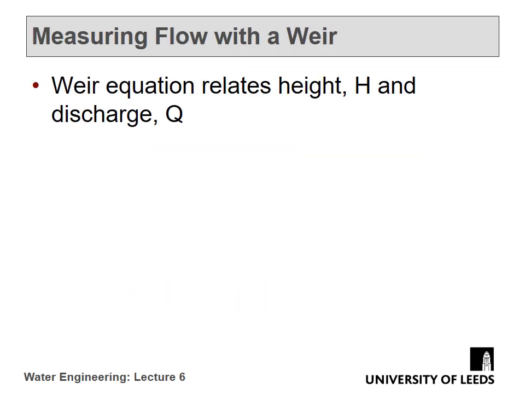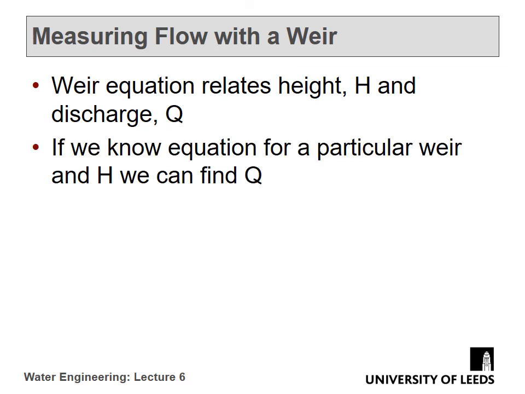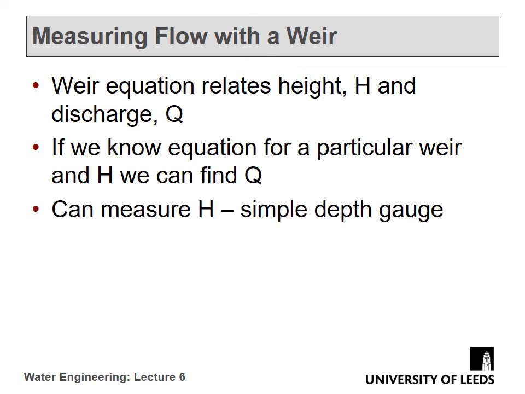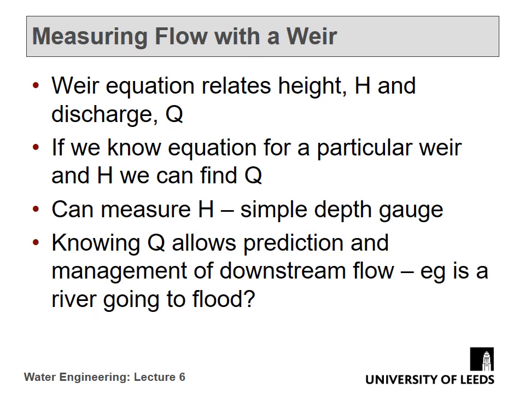Measuring flow with a weir. The weir equation relates the head above the crest of the weir and the discharge. If we know the equation for a particular weir, and it'll be similar to either the rectangular weir or the V-notch weir, then we measure H. We just measure one single depth, and we can find Q. It's simple.